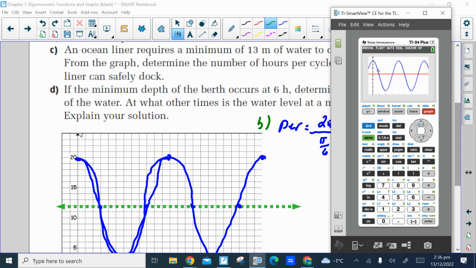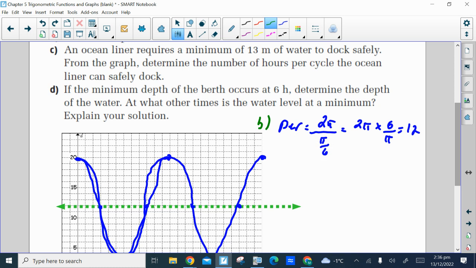So we need to find out what this point of intersection is by going second function trace, number 5 for intersect, enter, enter, and I'll put my guess at 2. And it's actually 2.76. So for 2.76 hours from the start of that high tide, the ocean liner can dock safely.